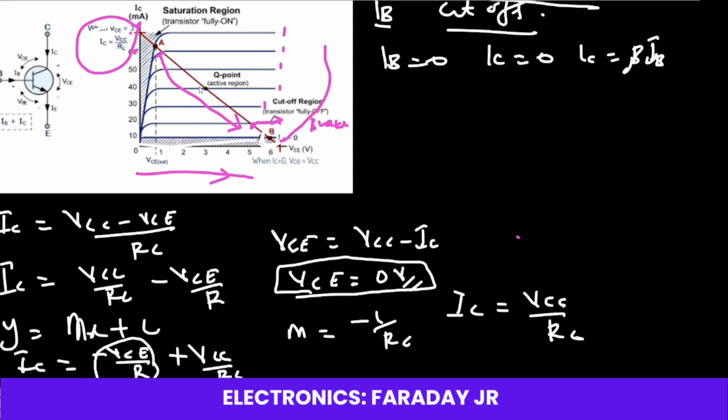So there's a need for us to choose a very good Q point. It's mostly advisable that you choose a Q point in the middle, so that you can swing right and then left, up and then down freely without distorting the signal at the output section.